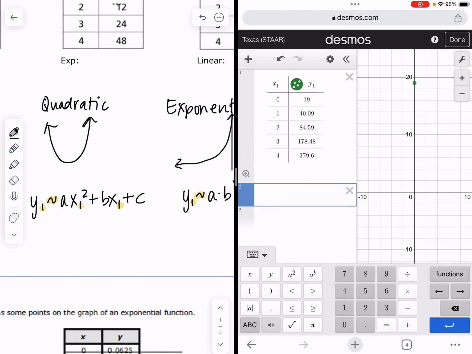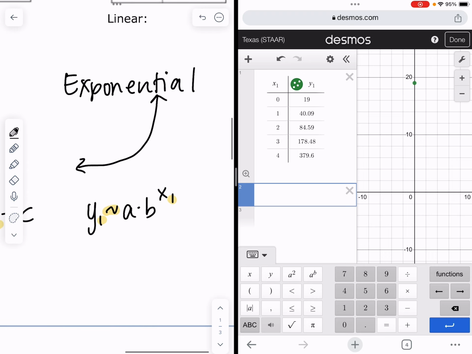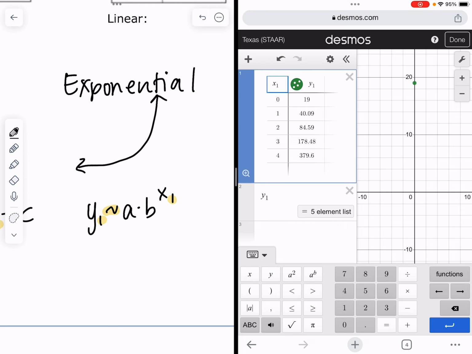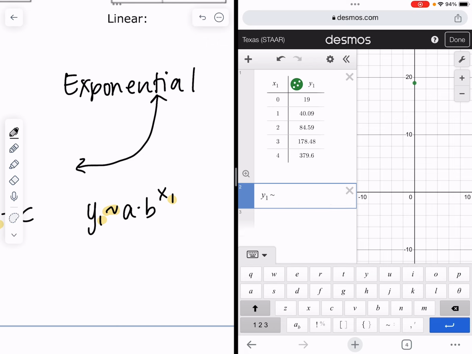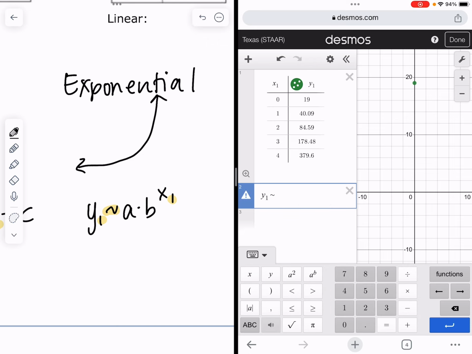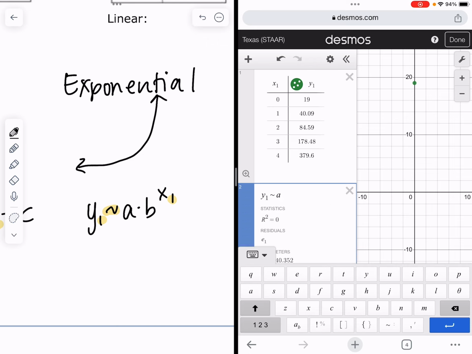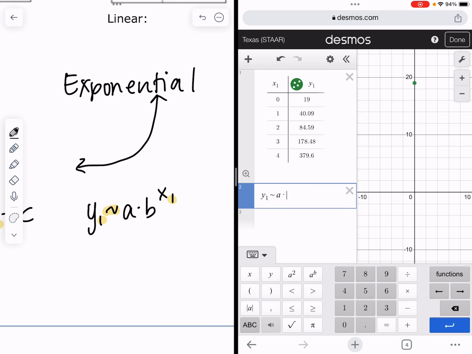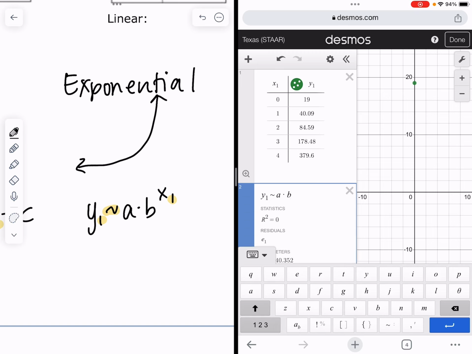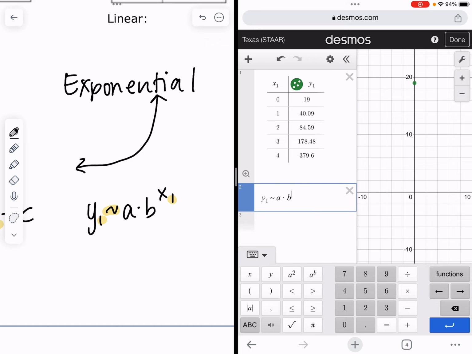So we're going to use the exponential equation, y1. The reason why the 1's there is because if you look at the table, it says x1, y1. So that's how we refer to it. If it said x2, y2, I'd be typing 2's there instead of the 1. Tilde a times b exponent x1.